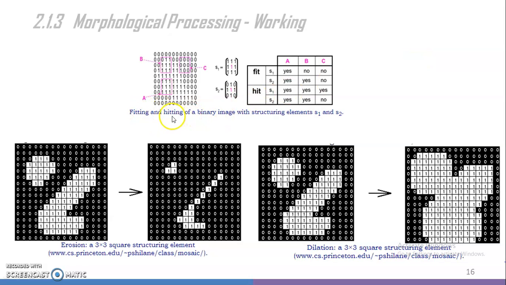Here is the fitting and hitting technique. These are the structural elements and each hits or fits in the image. Fits means the whole structural element is the same as the part where it is put in the image matrix, and hitting means any one part is the same as that.